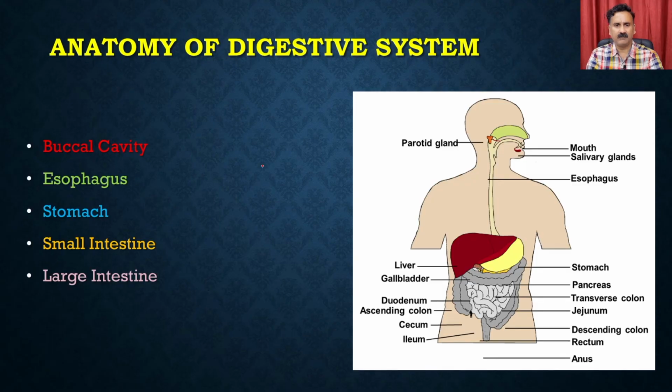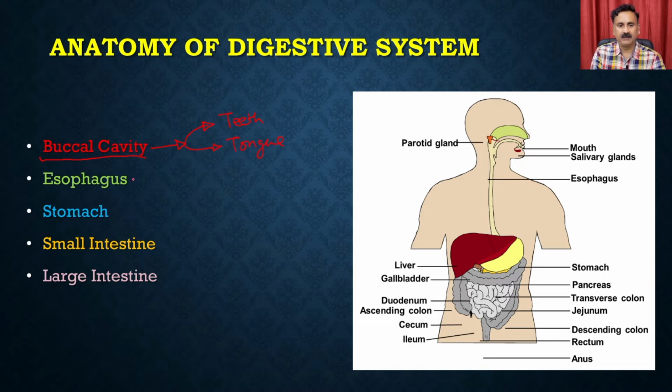If you recall what we discussed in the previous lecture, we discussed the anatomy of the alimentary canal. In that context, we discussed the buccal cavity, and within the buccal cavity we discussed the teeth and the tongue, the different types of structures present, and the function of the teeth as well as the tongue.